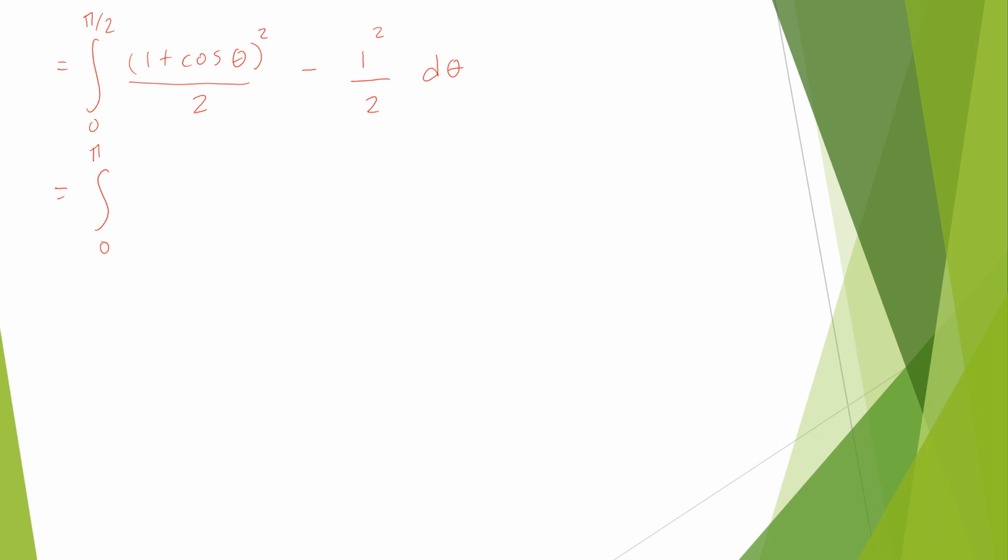Next, simplify. We get 1 plus 2 cos theta plus cos squared theta, minus 1, over 2.